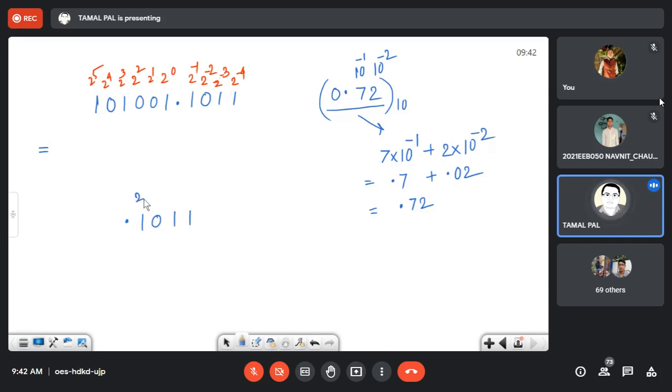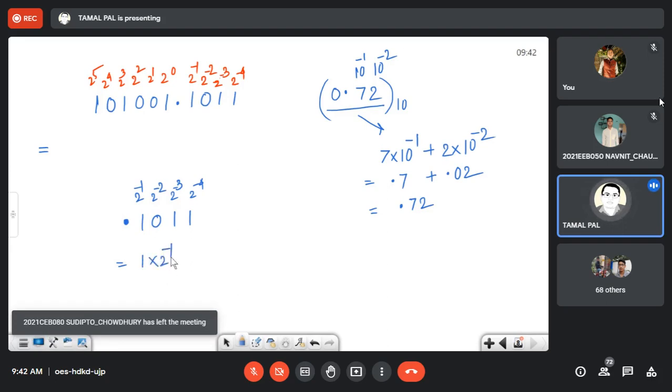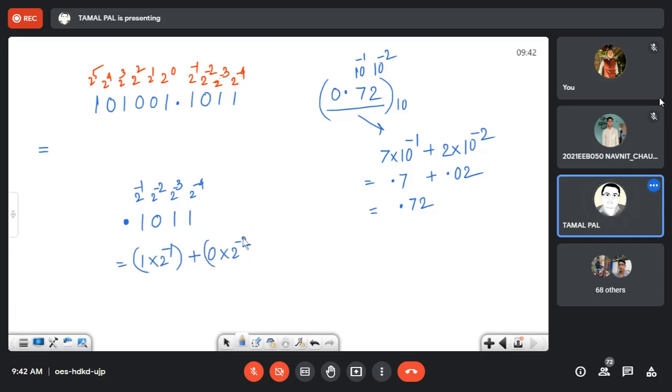If it is 2 to the power -1, 2 to the power -2, 2 to the power -3, 2 to the power -4, then with the point before, it is 1 into 2 to the power -1 plus 0 into 2 to the power -2 plus 1 into 2 to the power -3 plus 1 into 2 to the power -4. Now tell me what are the values?